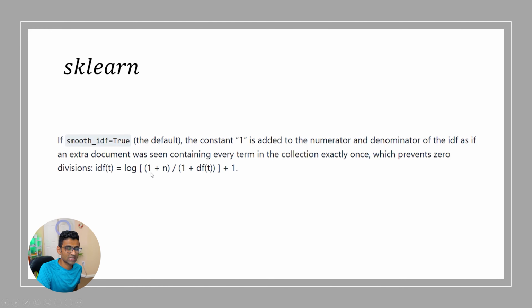So what they do is add the constant 1 in numerator and denominator both, and then to the result they add 1 one more time. So it's just a little customization on your IDF formula. sklearn uses that. This screenshot is from the sklearn documentation.